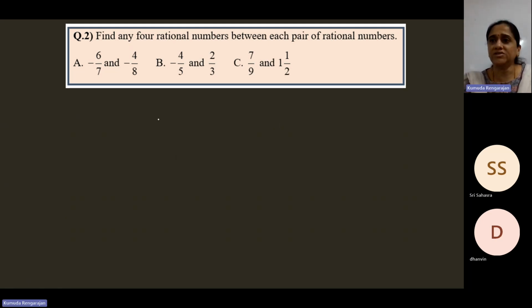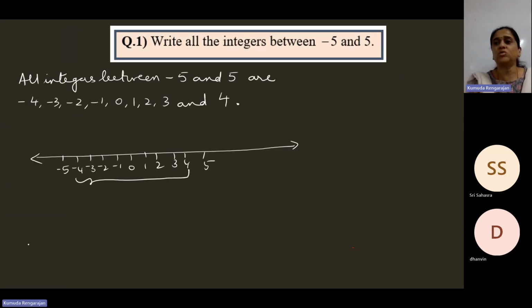Similarly, between two consecutive integers, say -3 and -4, there is no integer. But between two integers, like in the question now, -5 and 5 are not consecutive integers.